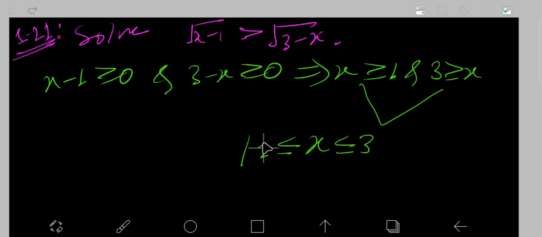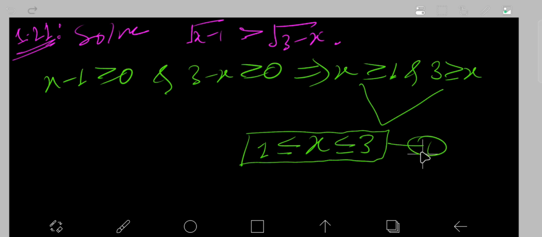Combining these, x lies between 1 and 3. This says that this is defined only if x lies between these values. But here we check, when we take the value 1, then this is 2 and this is 0.